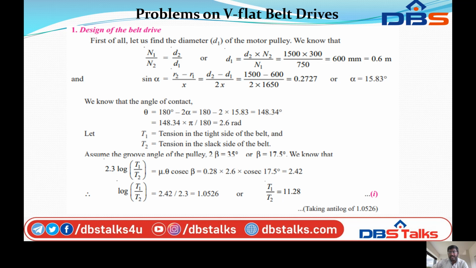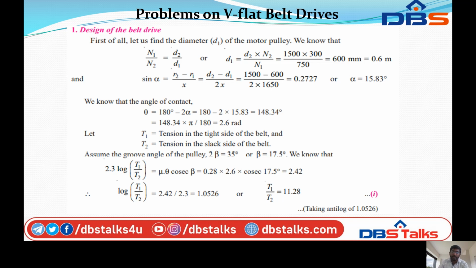So we can calculate the sin alpha value. Sin alpha is equal to R2 minus R1 by x. R2 is not given in the problem, but the diameter is given, so this will be converted using R is equal to D by 2. So we calculate D2 minus D1 by 2x.